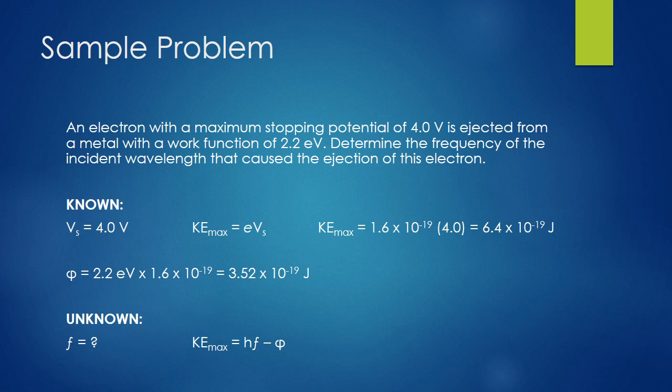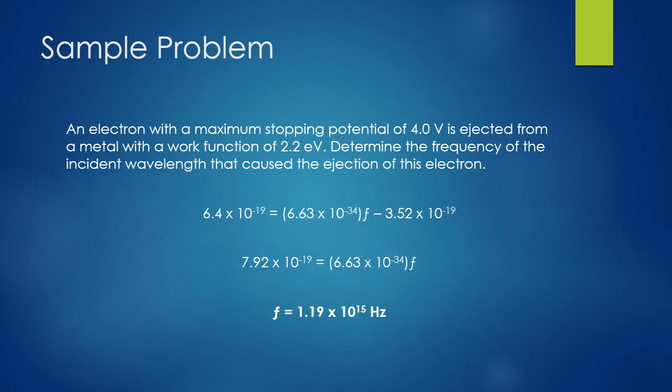Now this is something I can plug into my other equation. From here, I end up with my frequency equal to 1.19 times 10 to the 15th hertz, or 1,190 terahertz.